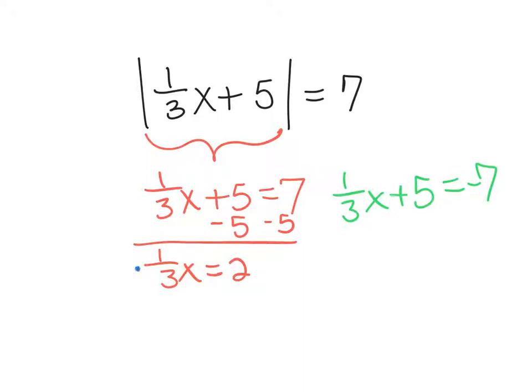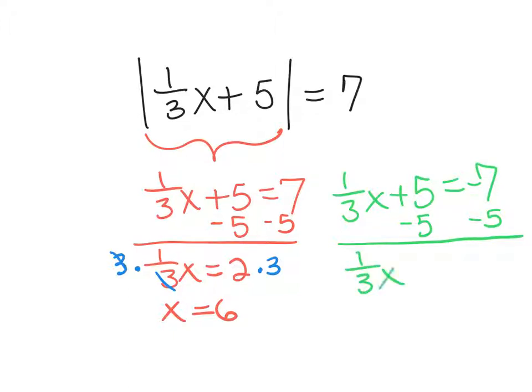We're going to multiply both sides by 3 to get rid of the denominator, and we get x is equal to 6. Over here, we're going to subtract 5 from both sides, and we get 1/3 x is equal to -12. To get rid of my denominator, I'm going to multiply by 3 on both sides, and I am left with x is equal to -36. So those are my 2 solutions there.